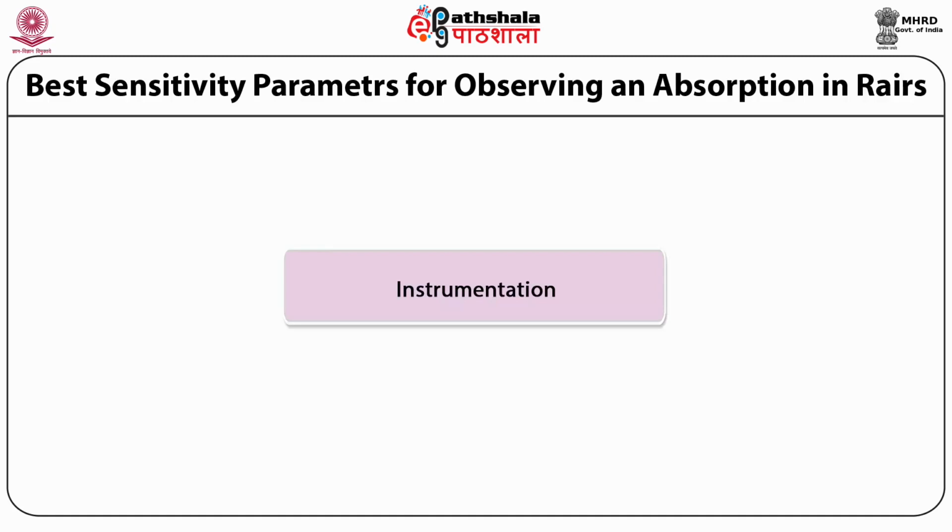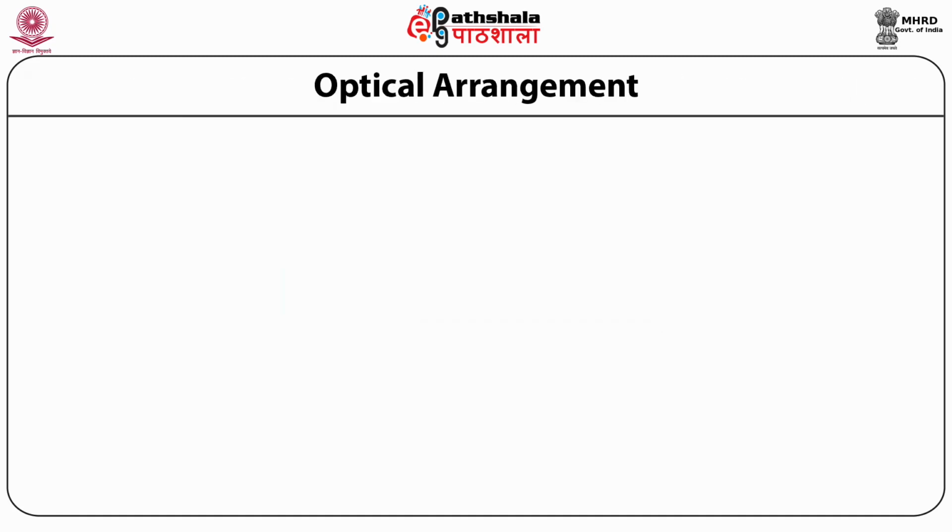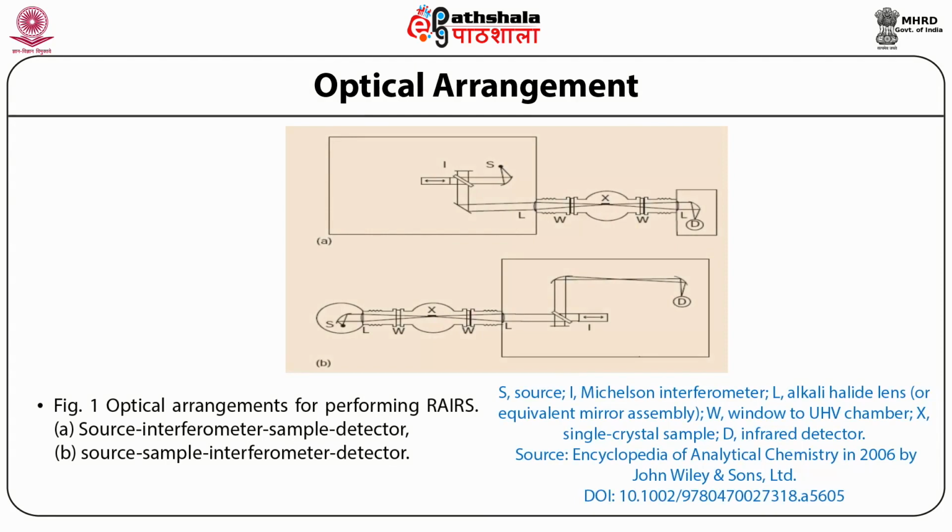Now what is the instrumentation of this particular kind of spectroscopy? So let's talk about the instrumentation involved in this kind of vibrational spectroscopy in general. The optical arrangement for performing RAIRS has been shown, and you can imagine how simple it is: some kind of light is incident on the sample and the reflected portion is analyzed.